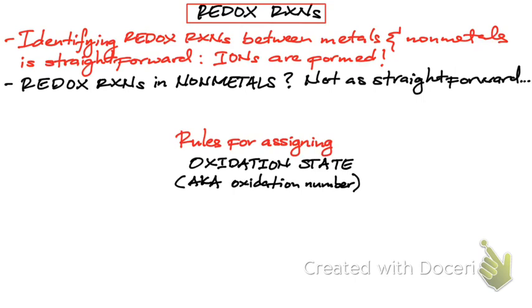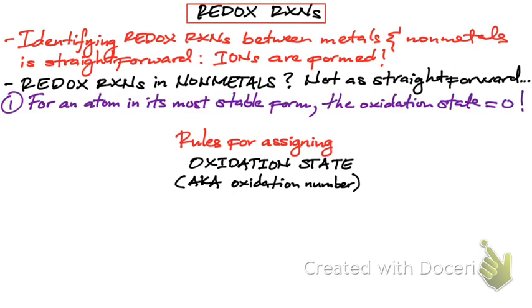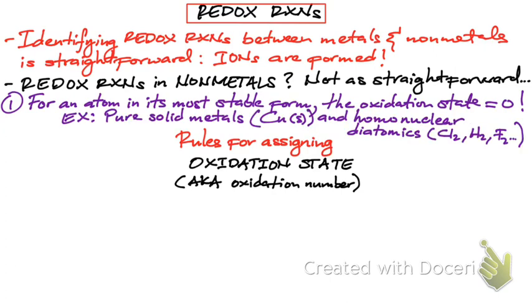The first rule: for an atom in its most stable form, the oxidation state is equivalent to 0. These are pure solid metals. So if you have a pure solid metal like solid copper, solid gold, solid silver, and so forth, they have an assigned oxidation state of 0.